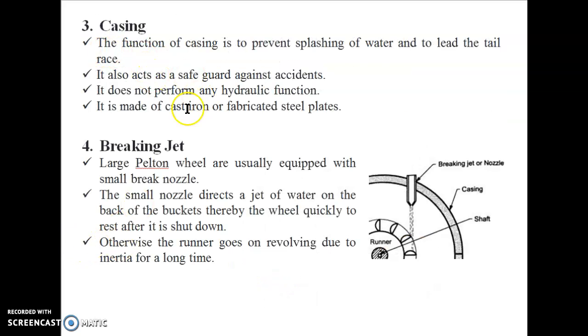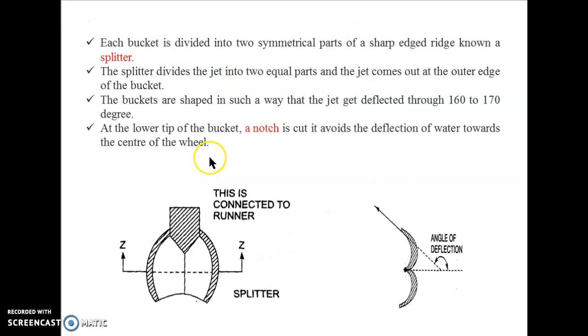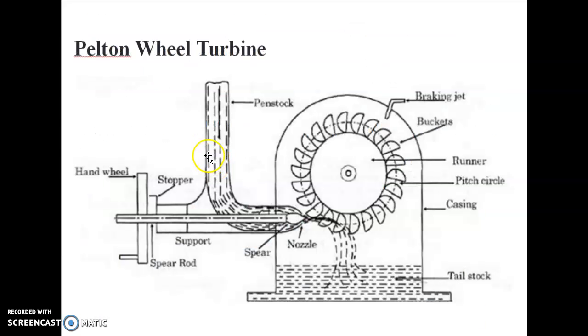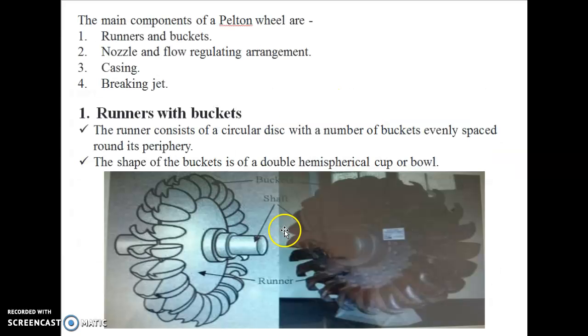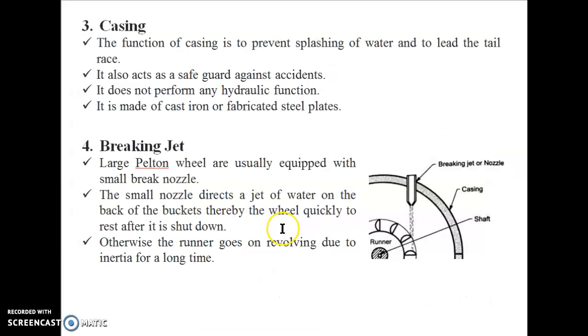Next, casing. Now I will just show you the previous diagram again, where you can see the casing. This is the turbine house. This total assembly, where a runner, buckets and a shaft are shown, is being kept in one part which is nothing but the casing. Now why do we use that casing? The main function of casing is to prevent the splashing of water.